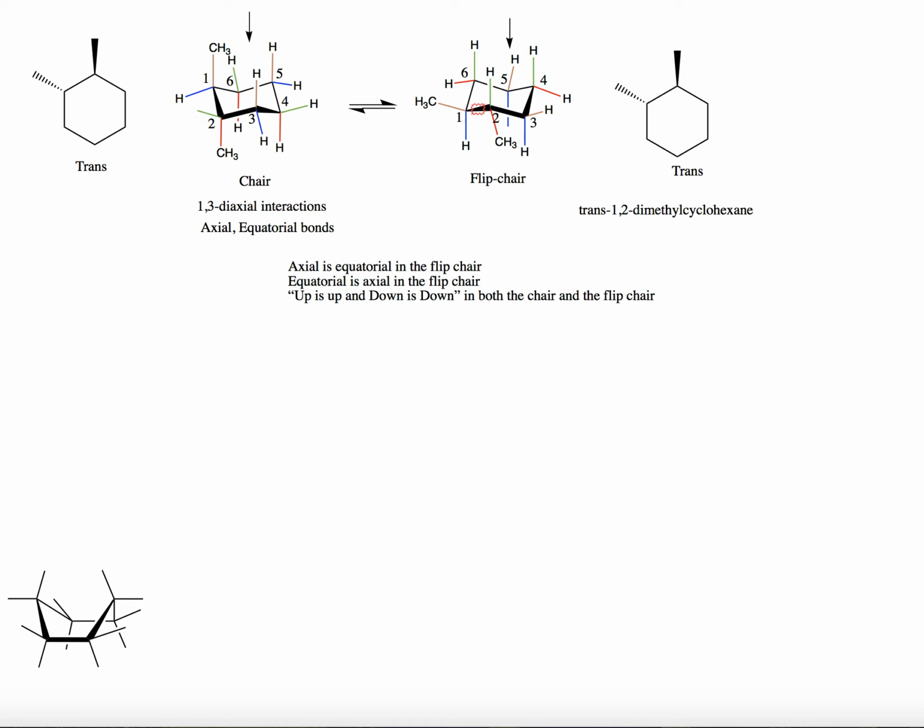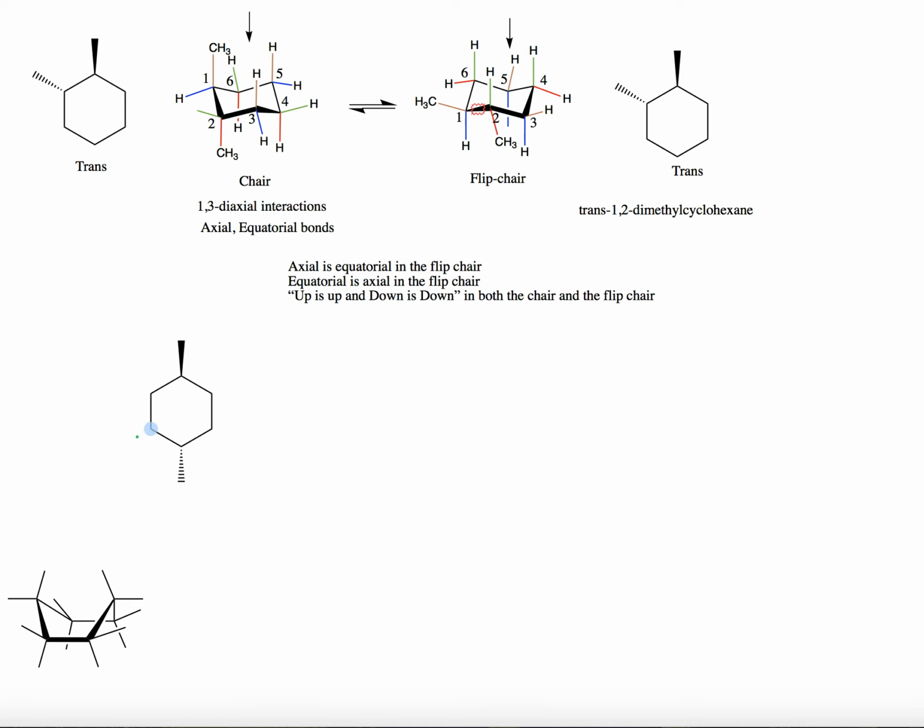So another example of this could be if I provide, for example, the flat structure of this cyclohexane. So in this flat structure, we have the 1,4-dimethylcyclohexane.